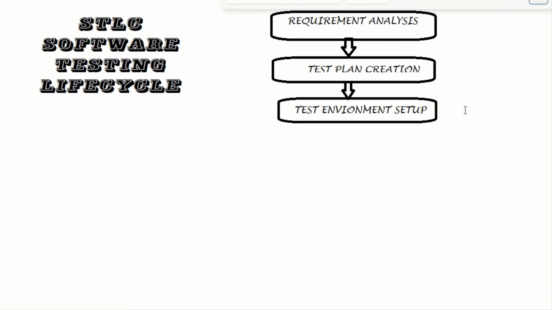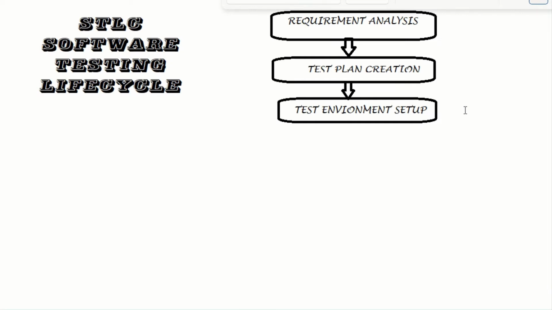If the client says that the blue screen should be used and we need to test on that, then we need to do it on that. If we need to use the command prompt for testing certain things, then it should be followed. If they expect Unix or Linux or some other operating system, we need to fix that. That is known as the test environment setup.